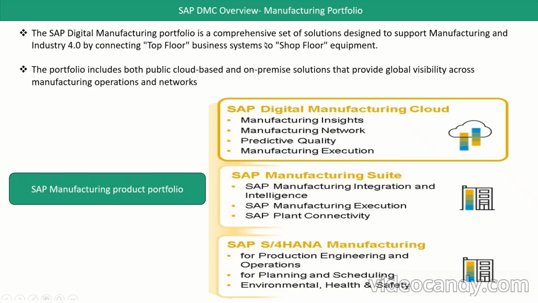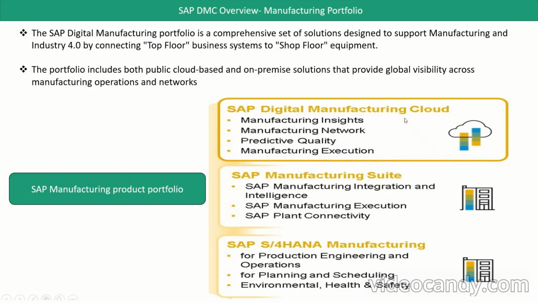That comes under the SAP portfolio. Whenever I say portfolio, it is nothing but a set of solutions that SAP provides for manufacturing execution systems. SAP has 3 manufacturing execution system products that a customer can use, but each one has a different usability and a different purpose to serve.